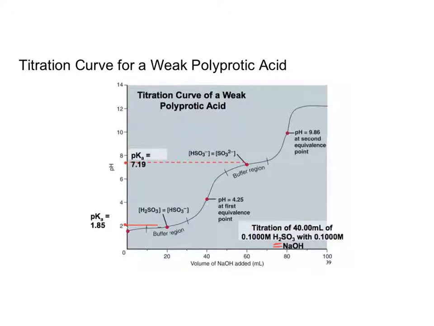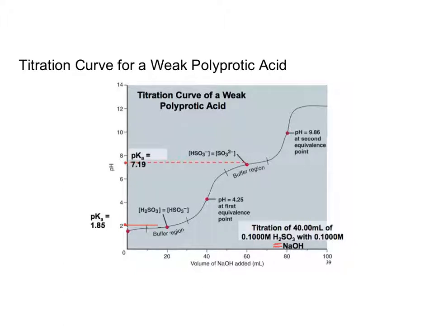In this particular case, we are starting with an acid that has a pH less than 2, and it's moving forward, and somewhere around 1.85, its pKa is equal to the pH.